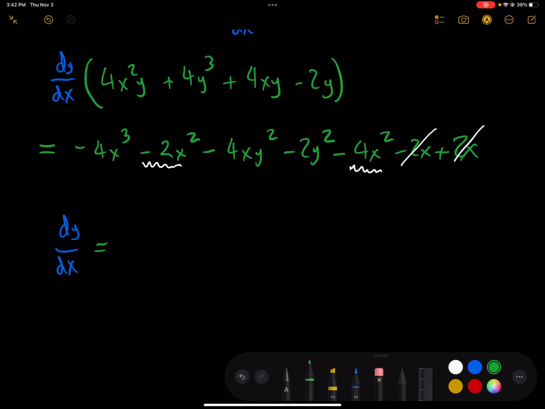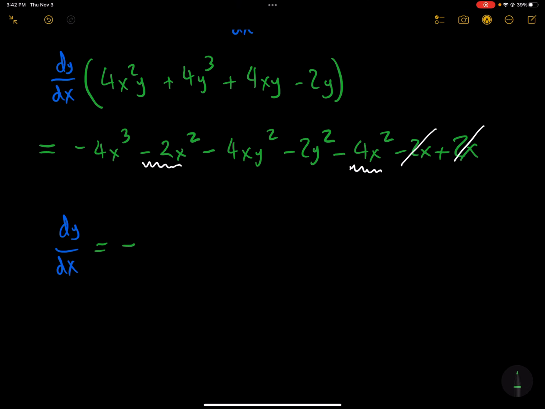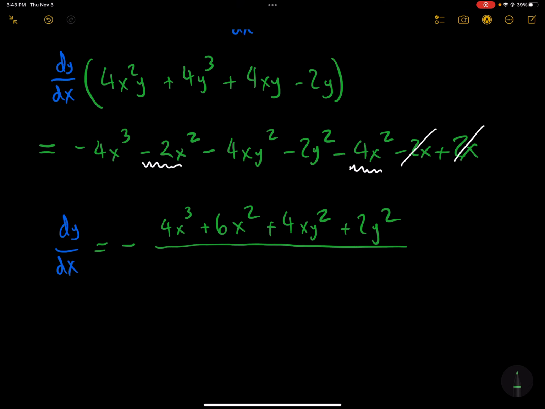So the numerator will have negative 4x cubed minus 6x squared, putting negative 2x squared and negative 4x squared together, minus 4xy squared, minus 2y squared, and the negative 2x and the positive 2x cancel each other. Notice how we took a common factor of negative, so we can write down everything with a plus.